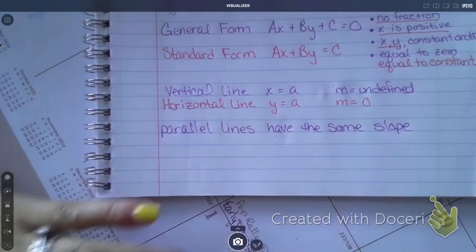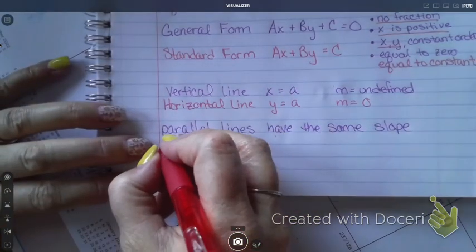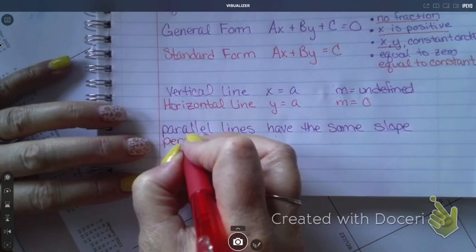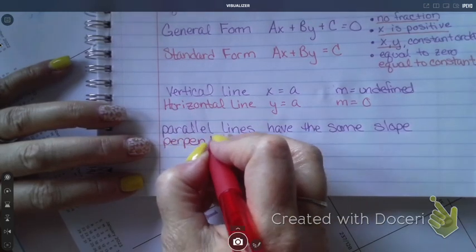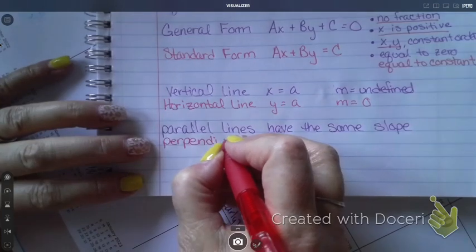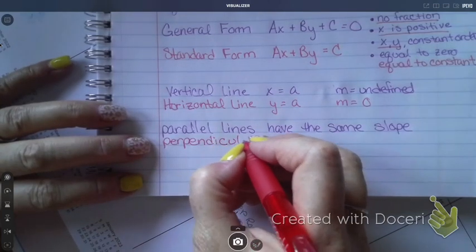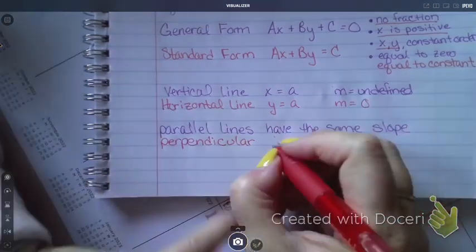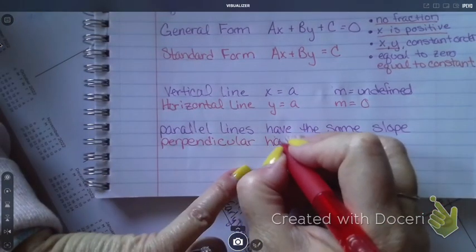What about perpendicular lines? They have reciprocal slopes. Not quite. They have opposite slopes. What does opposite mean? Negative. I want that: negative reciprocal slopes.